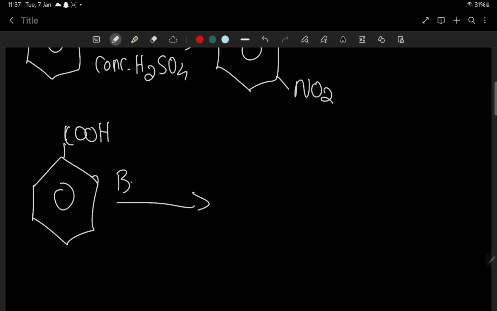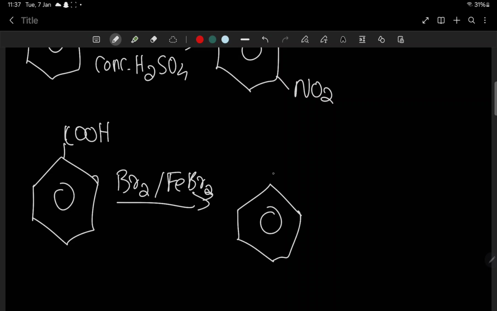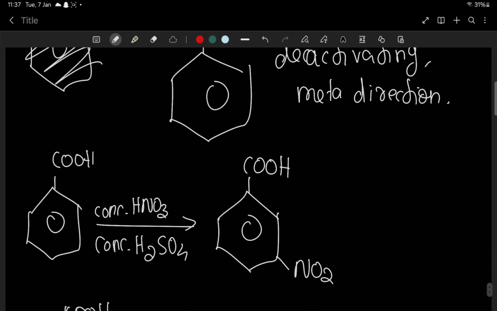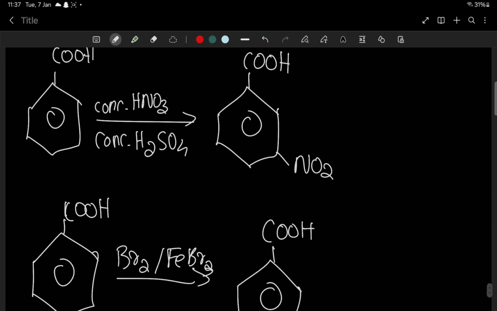Here Br2 with FeBr3, we get COOH and at the meta position Br. Okay, so these are meta-directing groups. Benzoic acid is meta-directing, so therefore meta substitution occurs.